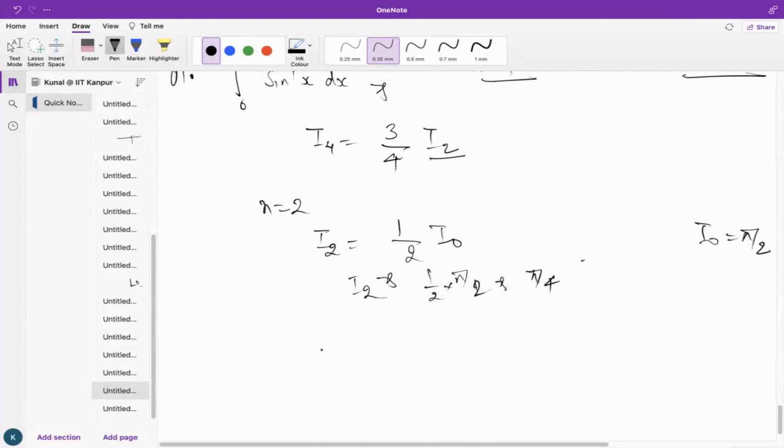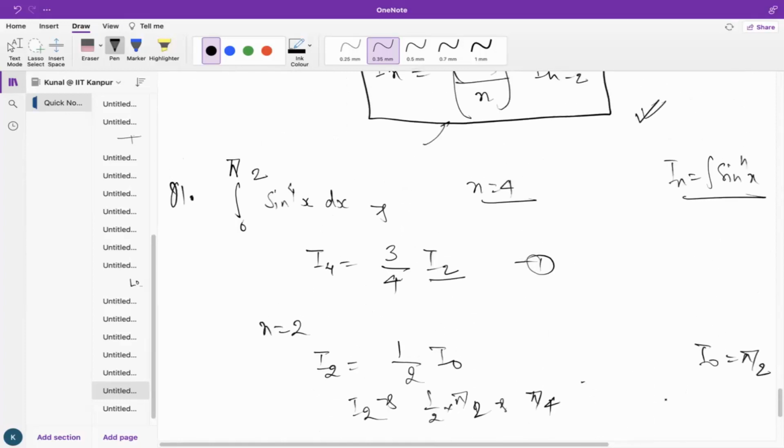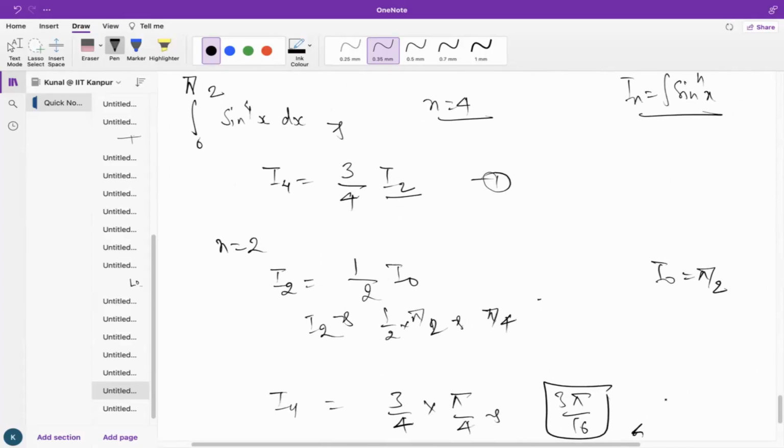When we substitute in equation 1, we get I4 as 3 by 4 into pi by 4. So we get the answer 3 by 16. It is easy, na? How to solve it in an easy way: just apply the reduction formula. First, our n value is 4.